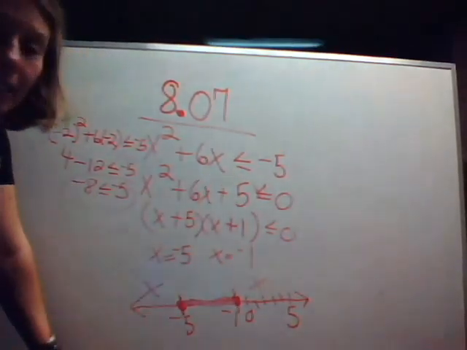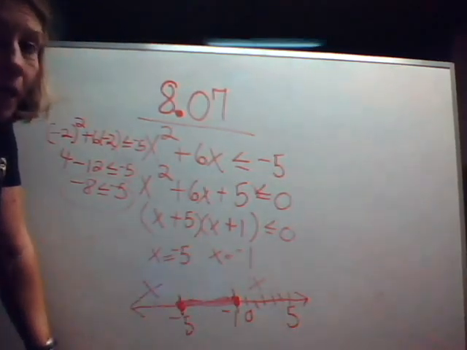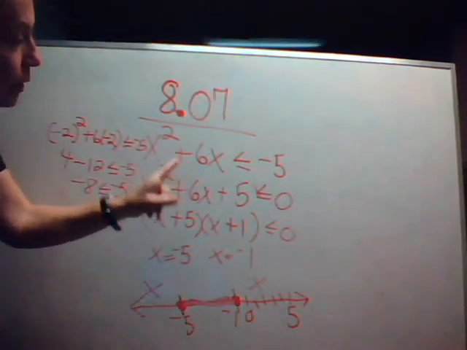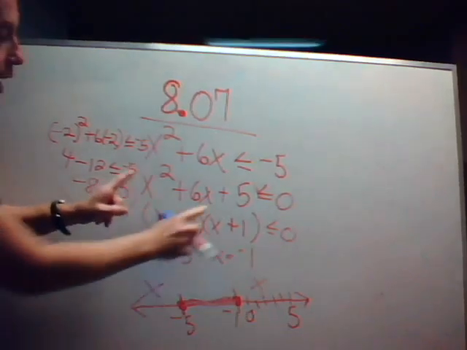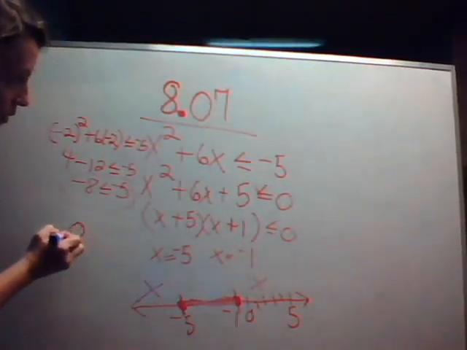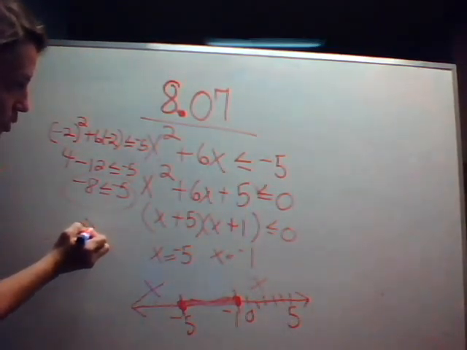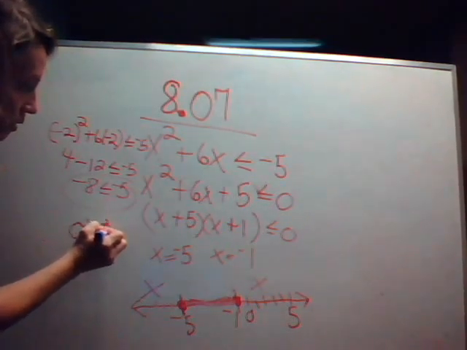Now this was a less than symbol. So why did I shade between? That's an and. Well, it's because we didn't have the y on the left. Had I flipped this around and had my 0 over here, it would be 0 is greater than or equal to my equation.